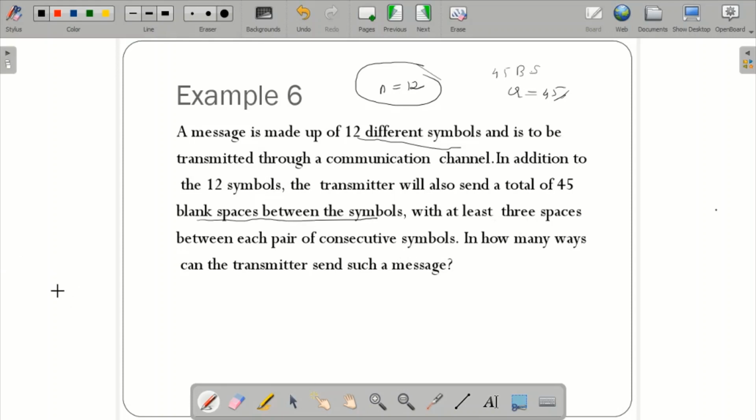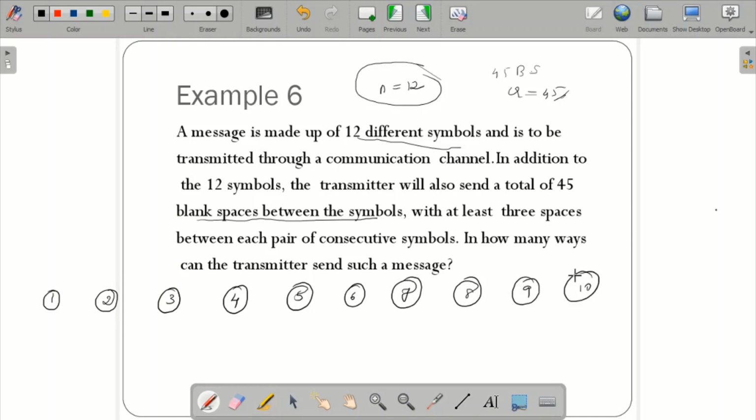So let us write these symbols. There are 12 symbols, so let us start. In between these consecutive symbols we need to place the spaces, so let us write 1 2 3 4 5 6 7 8 9 10 11 and 12.